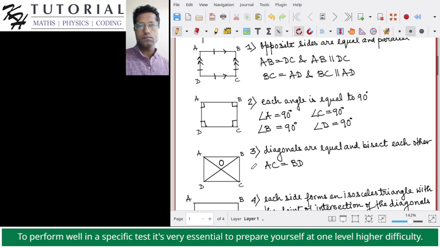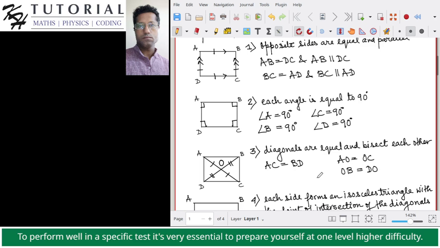Now the diagonals will also bisect each other. This means that AO will be equal to OC, and OD will be equal to OB. So we must have AO equal to OC, and OB equal to OD.